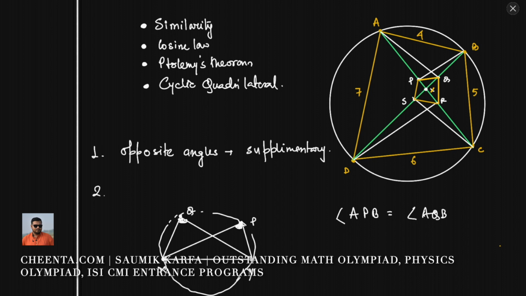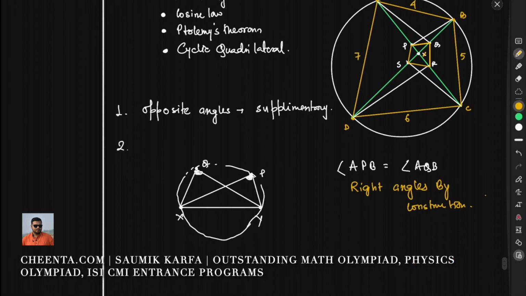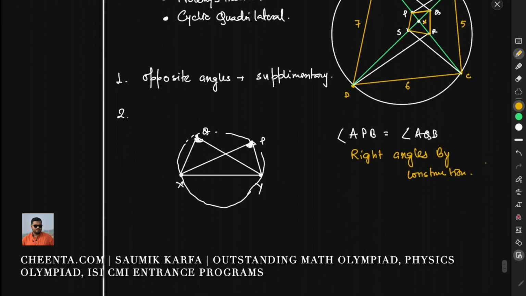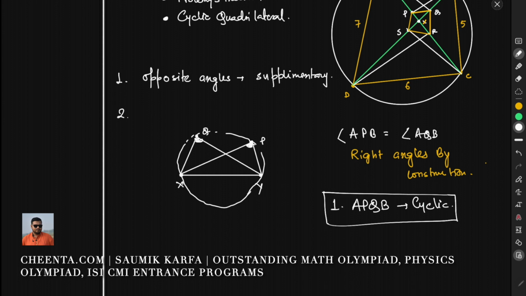Both the angles were 90 degrees. So both are right angles by construction. So using that property that we have just seen, we can say that APQB is a cyclic quadrilateral. APQB is cyclic. That is the first thing that we have.